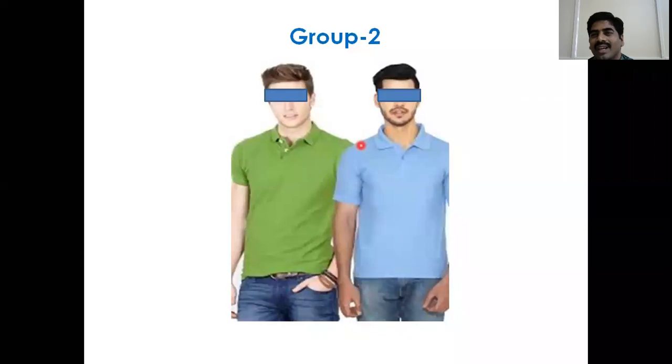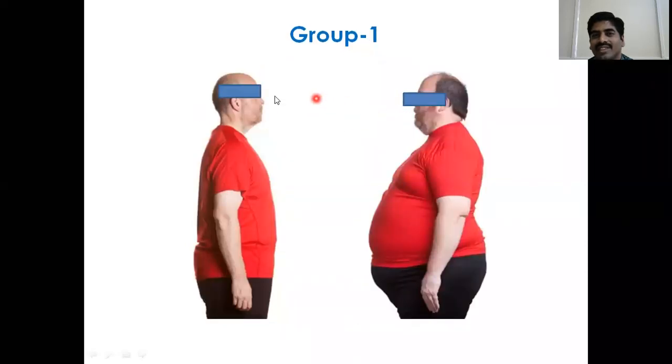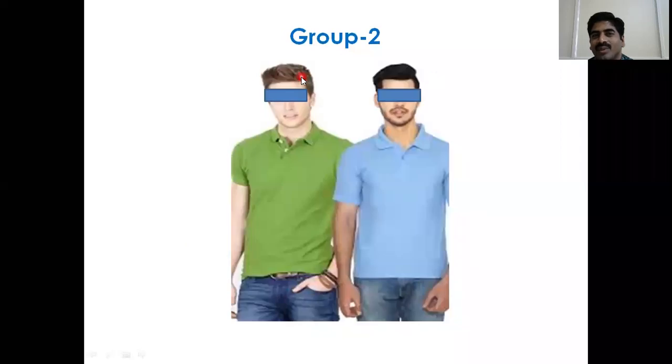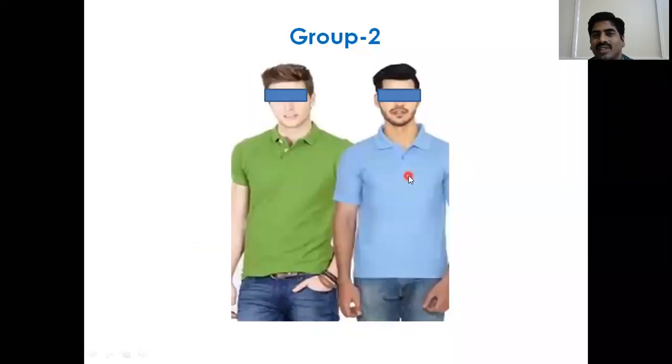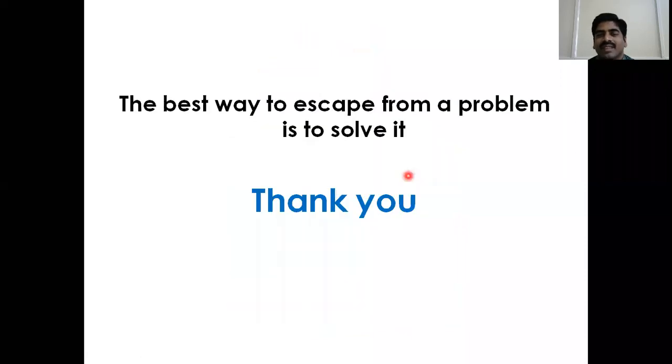So first you have to ask what is the variable. If you take height, deviation is 0: group 1 deviation 0, and group 2 deviation 0. If you take weight, definitely group 1 is showing more deviation than group 2. Okay. Thank you.